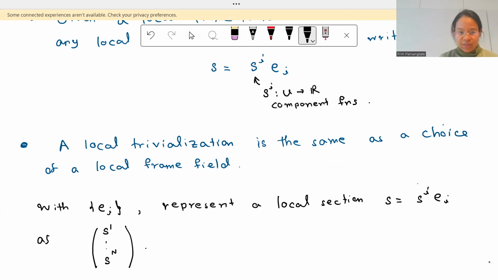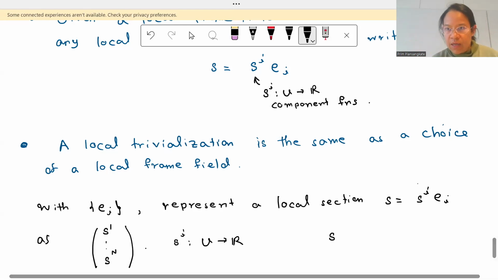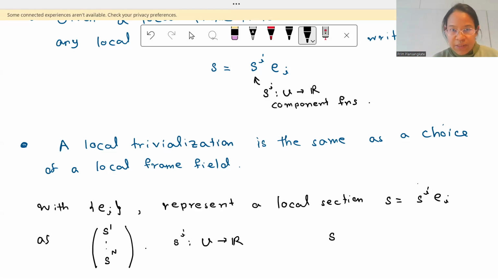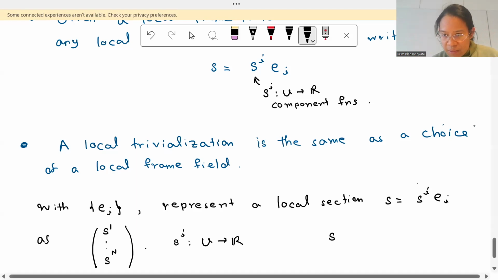Yeah, so that is all a function. And later I might abuse some notation and use the symbol S just to mean these column vectors instead of the local section itself, just to mean its representative. Okay. So I'm sorry, let me just see the time. Okay, I have about 5 minutes.